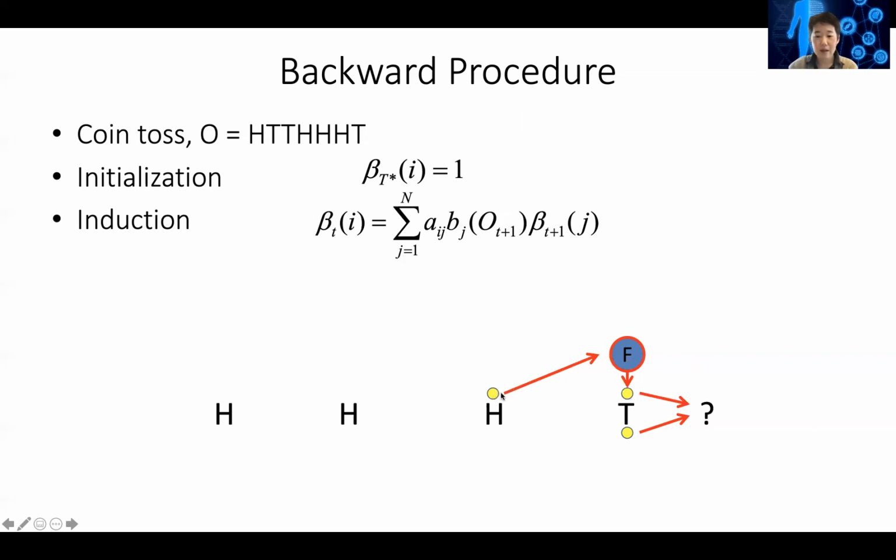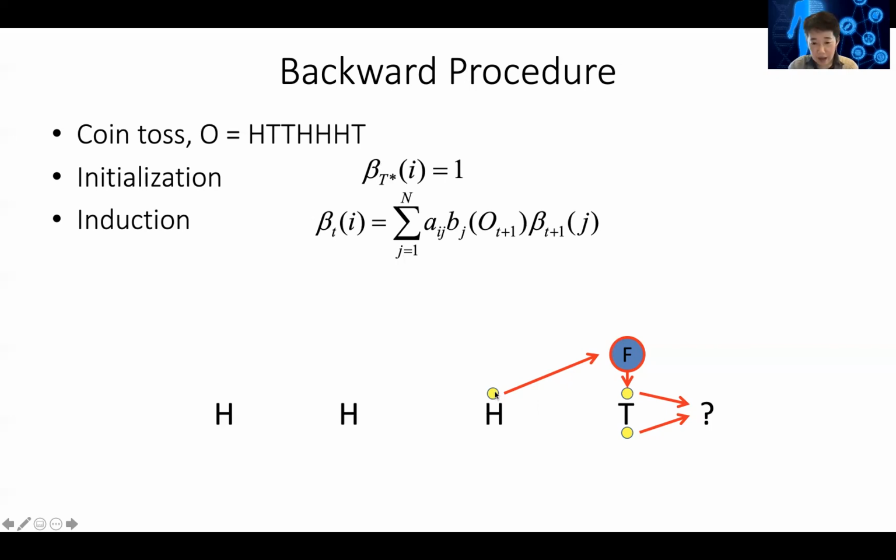One is I'm still using a fair coin here, so it's a transition from fair to fair. Then from this fair coin, I'm going to emit a tail. That's an emission probability. And then I will inherit this beta number because that will help me capture everything afterwards. So it's the transition probability multiplied by the emission probability multiplied by the beta number you inherited.